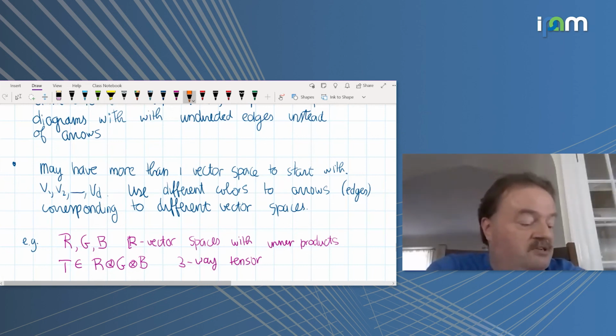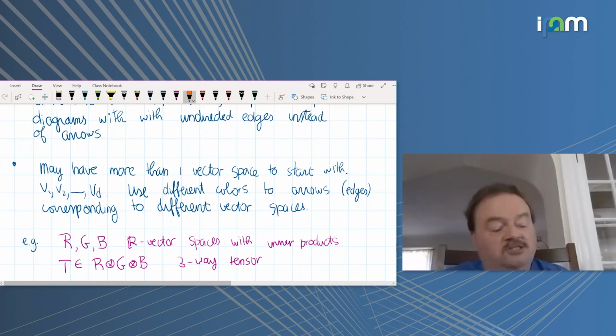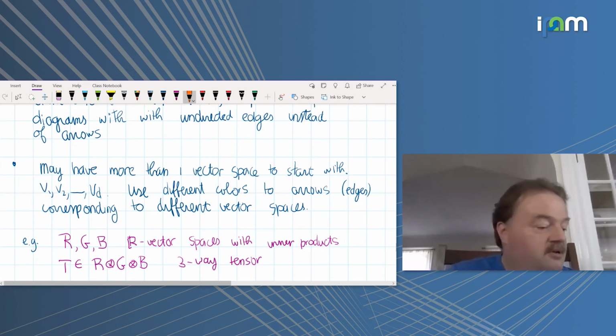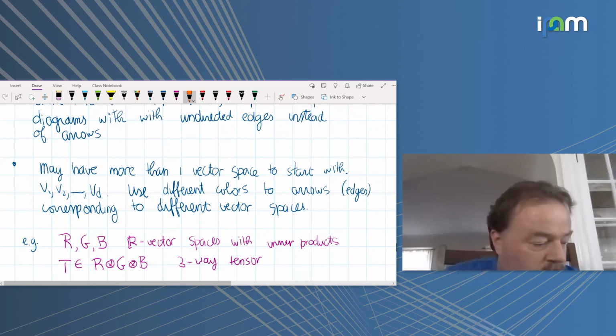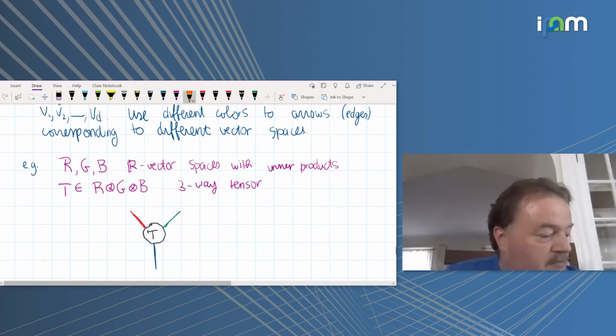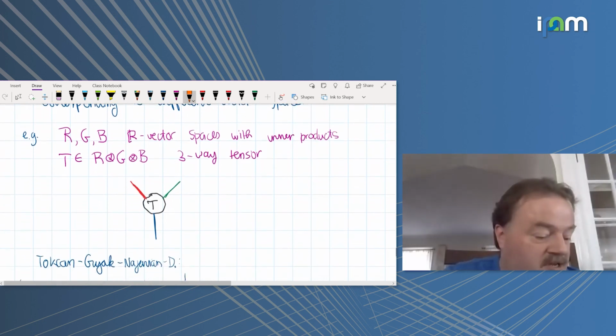So if you have D vector spaces, then different vector spaces correspond to different color arrows, or edges if you work, say, in the undirected setting.